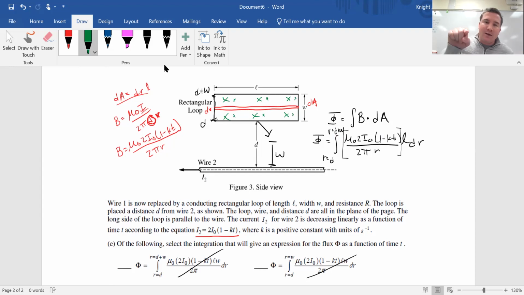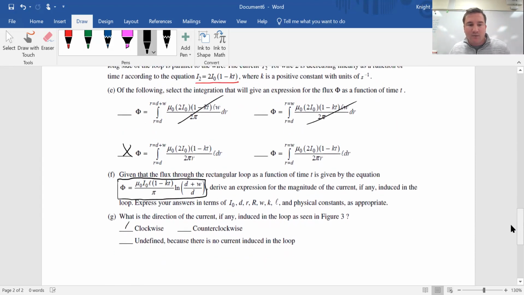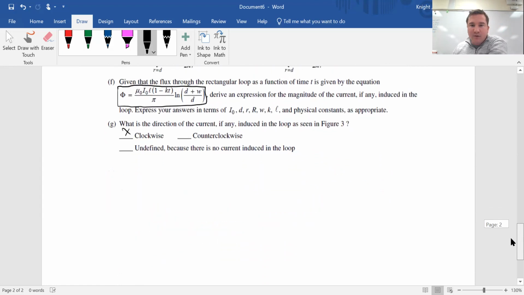So it is going to create magnetic field into the page to support that decreasing magnetic field. So magnetic field into the page would cause current going around clockwise. So yes, we definitely have current. It is flowing around clockwise, which is actually the next answer here.